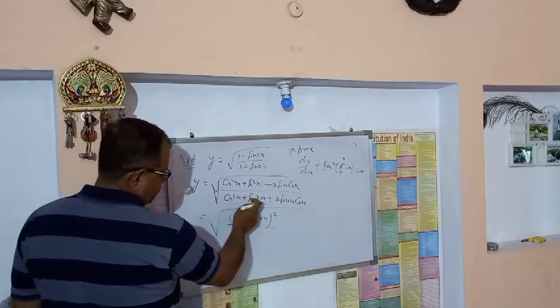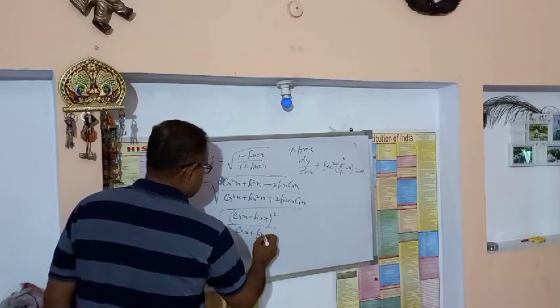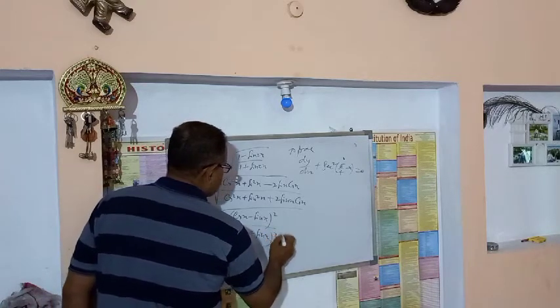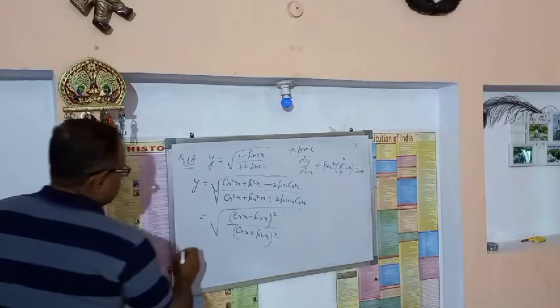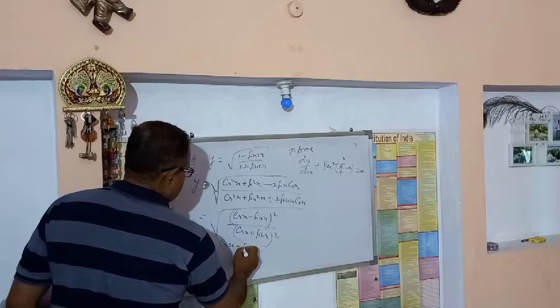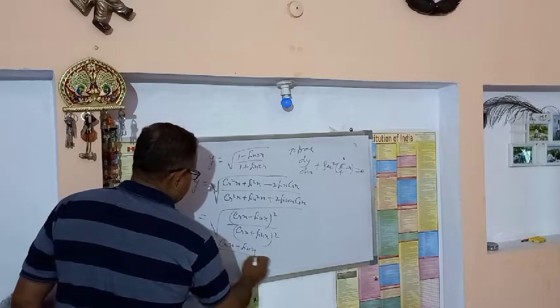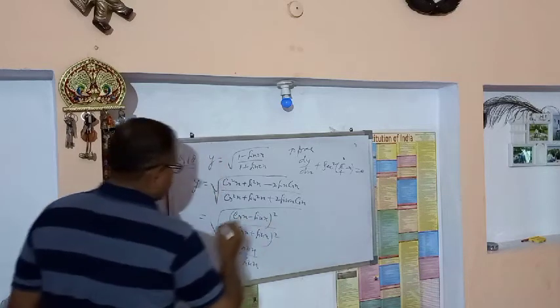And denominator a square plus b square plus 2ab, whole square. Take square root. So cos x minus sin x upon cos x plus sin x.